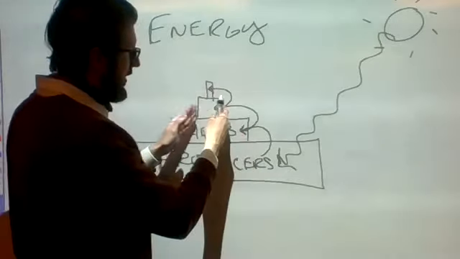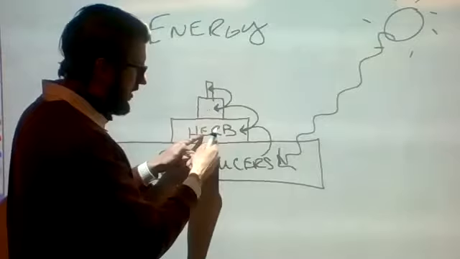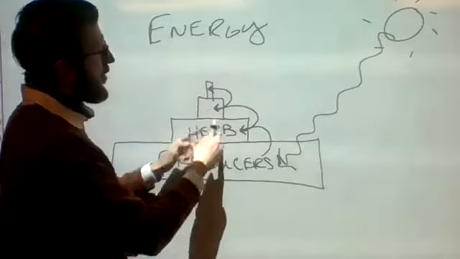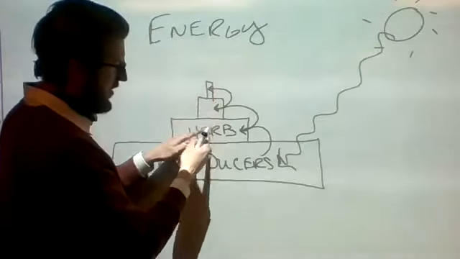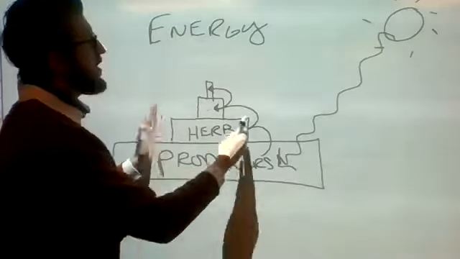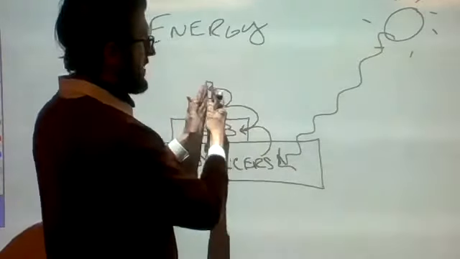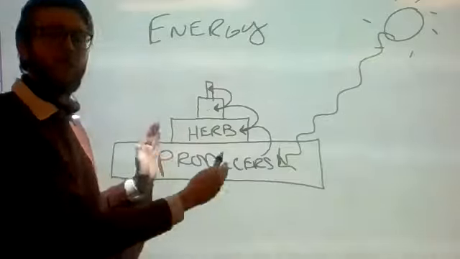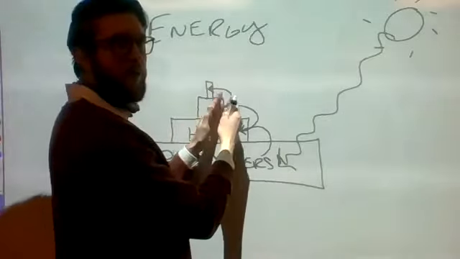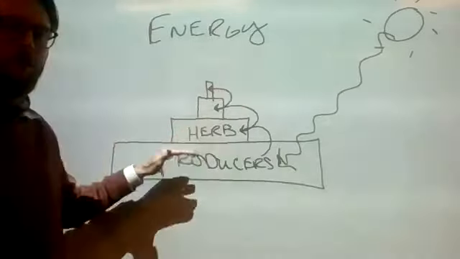And every time you go up a level, to the animals that eat the herbivores that ate the plants, or the animals that ate the animals that ate the herbivores that ate the plants, you see that the blocks get smaller. That's because there's less and less energy available at each level.